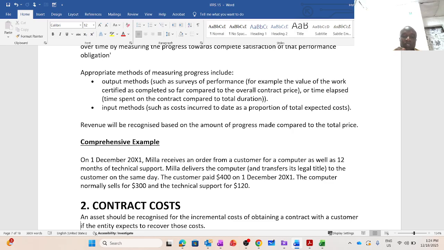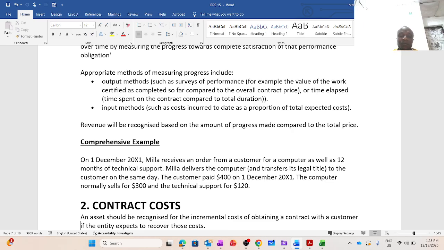Firstly, stage 1: there's a contract, which is clear because there's an order received from the customer to Miller. Secondly, stage 2: we need to identify the performance obligations. There are distinct products because the standalone selling prices for both the computer and the technical services are given in the question.